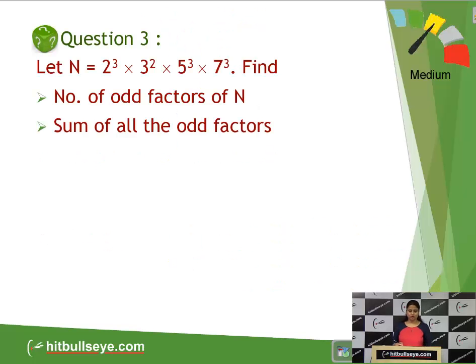One more question on odd factors. It says let n be equal to 2 cube into 3 square into 5 cube into 7 cube. Find number of odd factors of n and sum of all the odd factors.